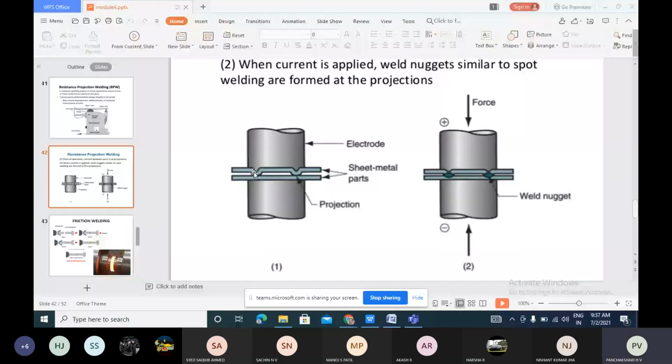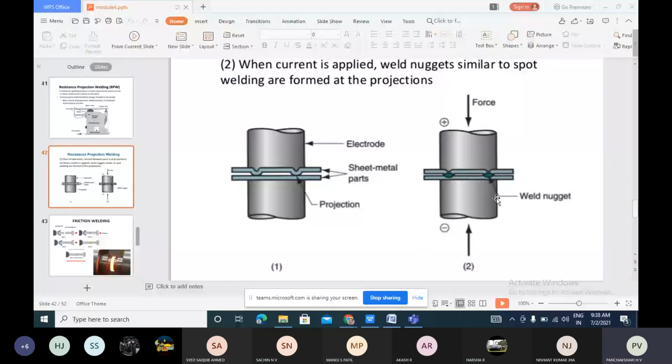So when the force is applied, like spot welding, we are applying the force and electric current. When the force and electric current are applied together, melting takes place at this location because of resistance, wherever the projections are there.